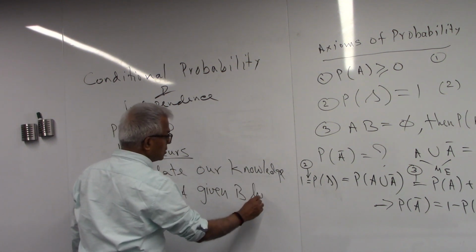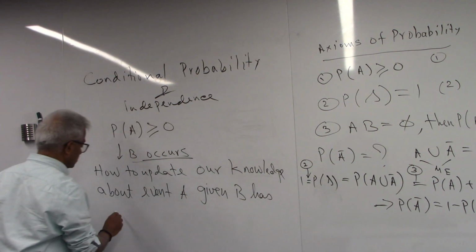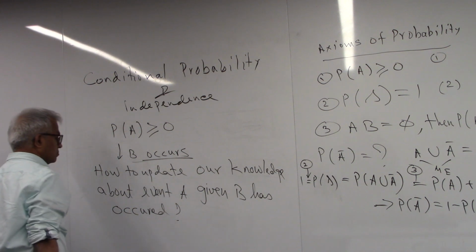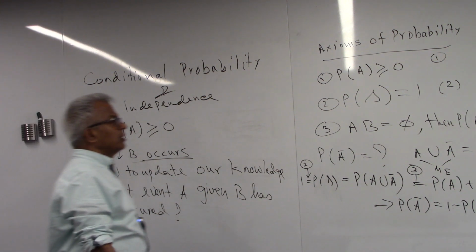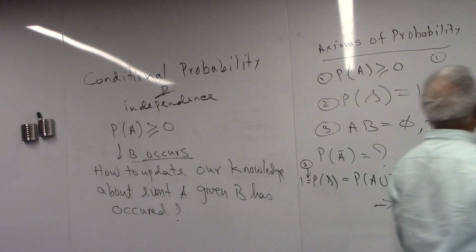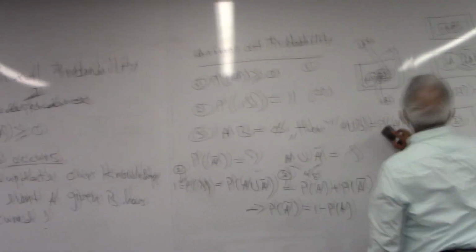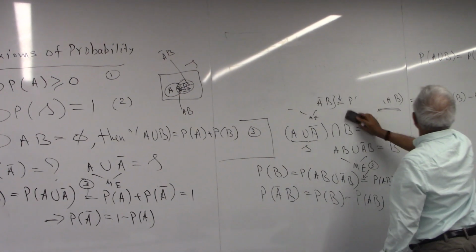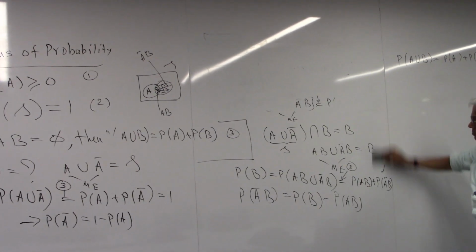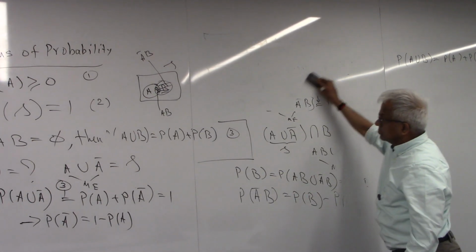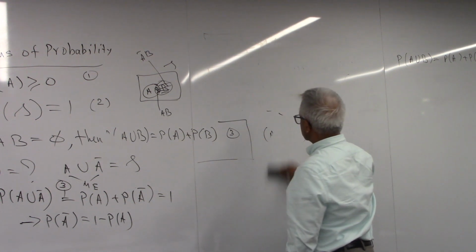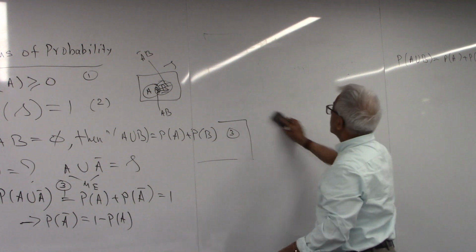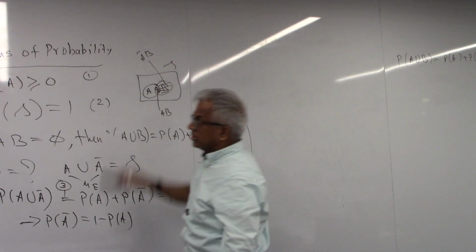Given that B has occurred, we bring in the notion of conditional probability. Conditional probability tries to address this question.